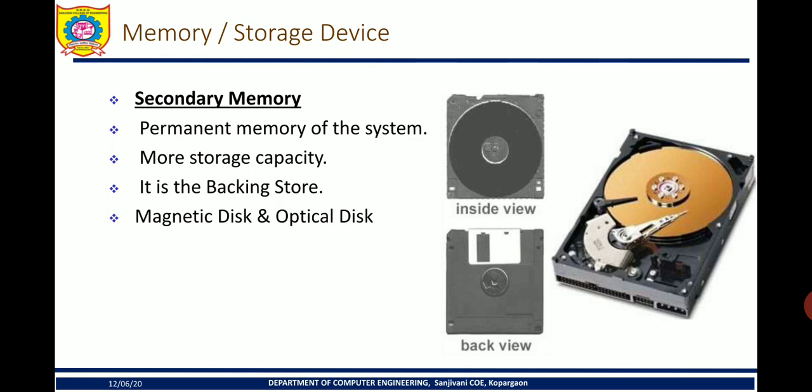Optical discs, everybody knows, CDs are there, DVDs are there, Blu-ray discs are there nowadays, right? The permanent storage memories are your secondary memories, which have more storage capacity. It is also a backing store, or banking store, as I have said.